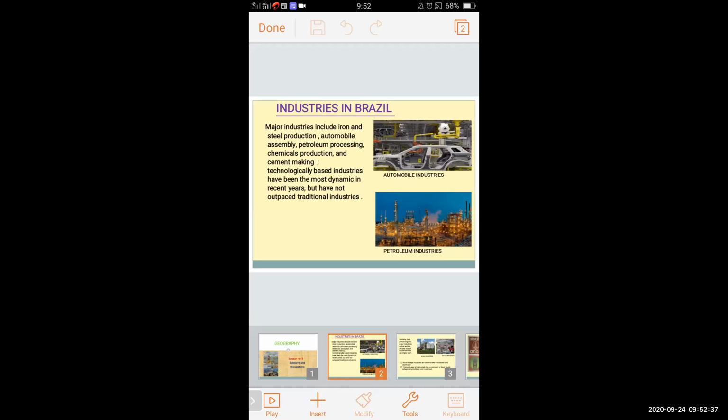Technology-based industries have been the most dynamic in recent years in Brazil, but traditional industries are also doing production in Brazil.